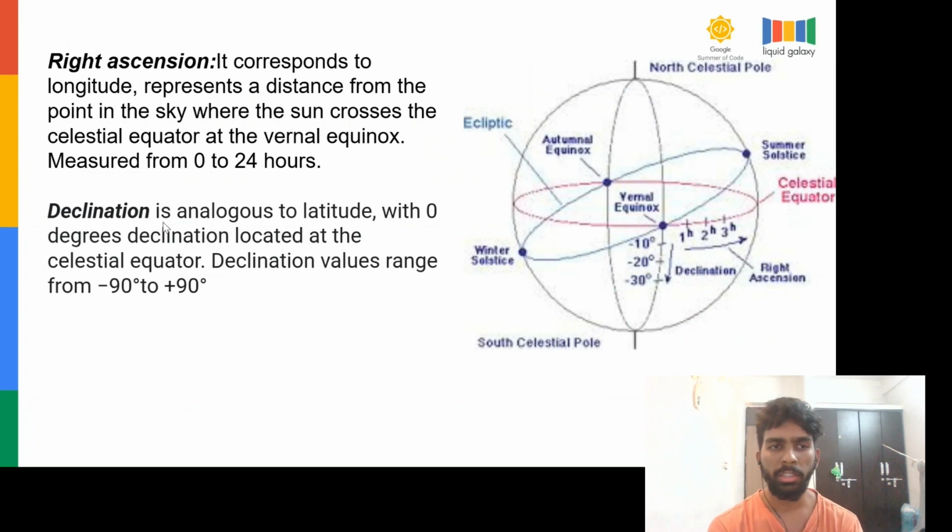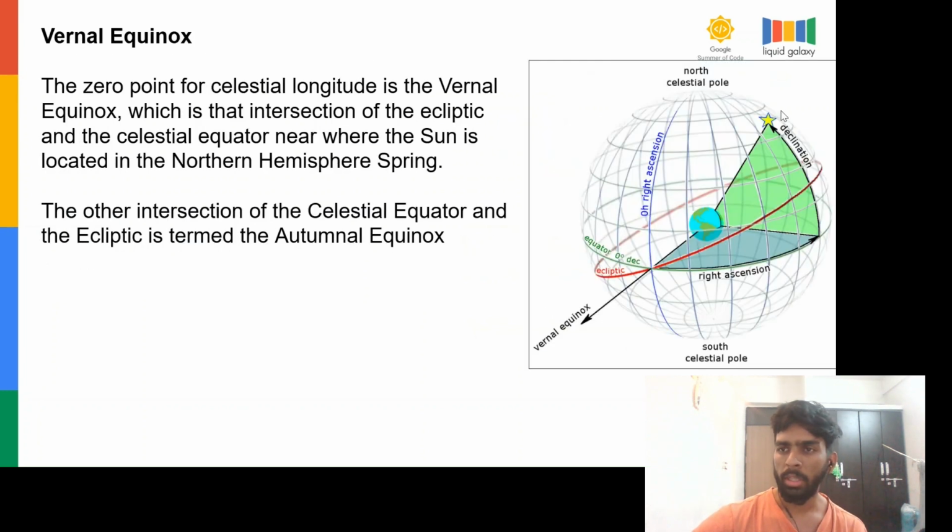RA is right ascension and DEC is declination. The vernal equinox is this point. The back one is the autumnal equinox. This is the ecliptic, and the celestial equator. The pink dotted line is the celestial equator, with north and south poles. Say we have a point around here, then we calculate its declination as degrees from the celestial equator. I'll go back once. See this star? The degrees from the celestial equator, this light green part, will be our declination.